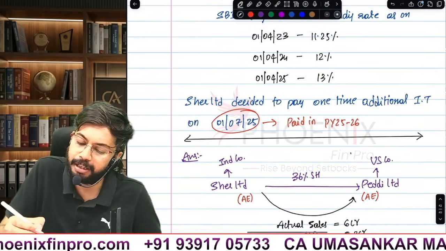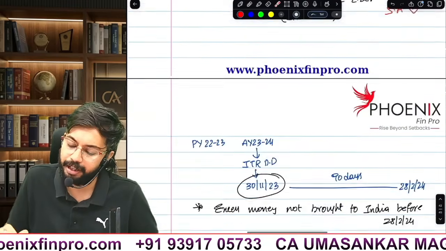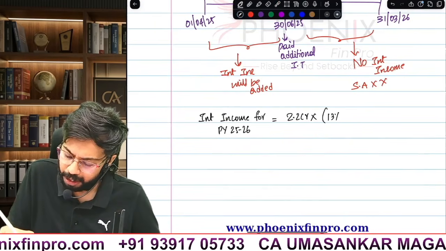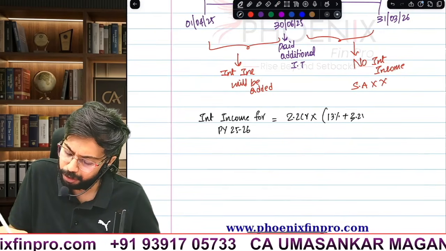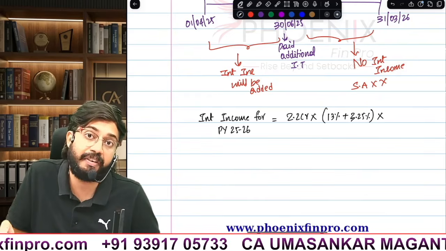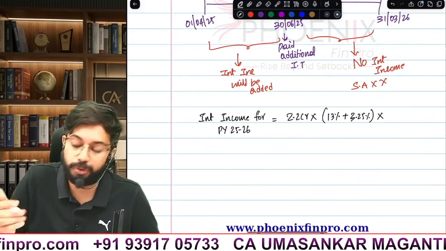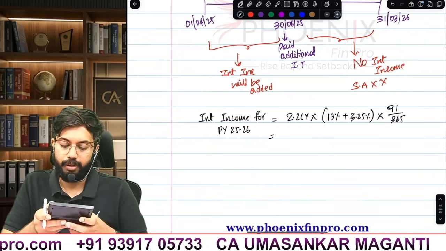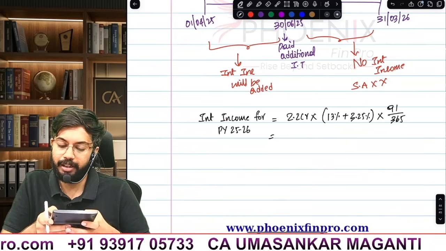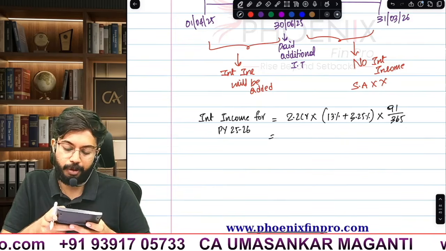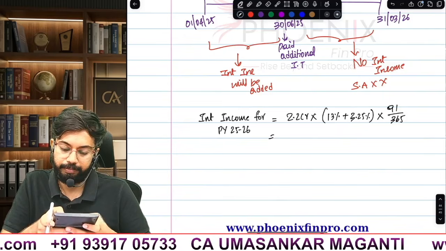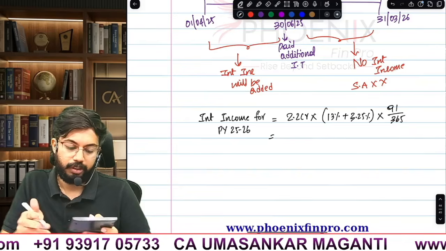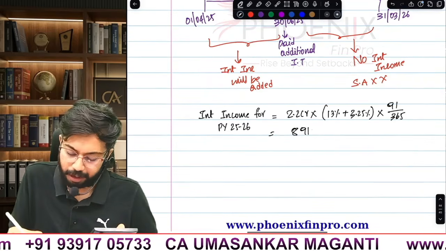How much is it? 13%. Correct. 2.2 crores into 13% plus 3.25% into only 91 days, 3 months till 30th June. 91 by 365. How much? 220 into 1 lakh. 13 plus 3.25, 16.25. 8,91,301.